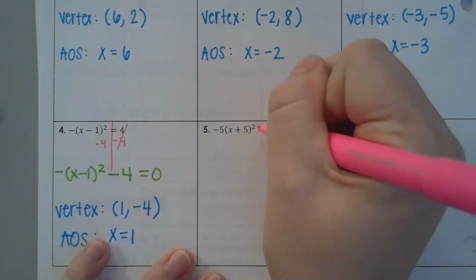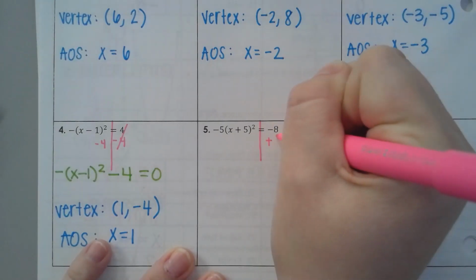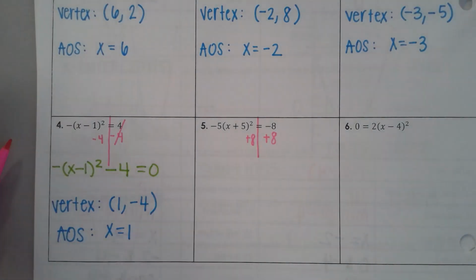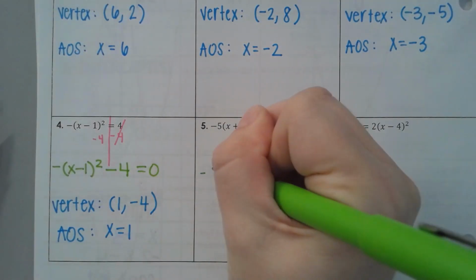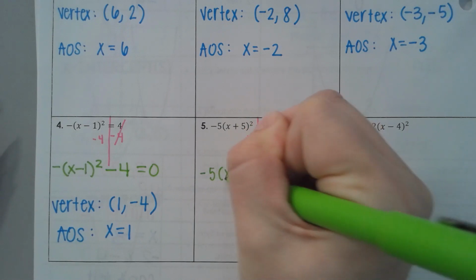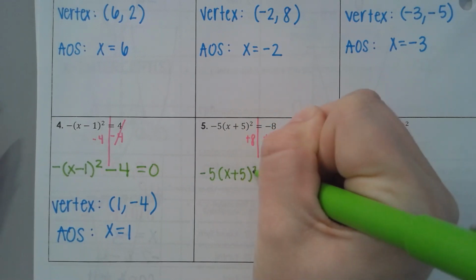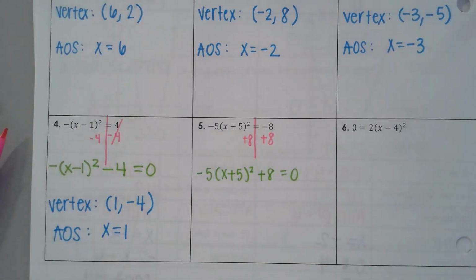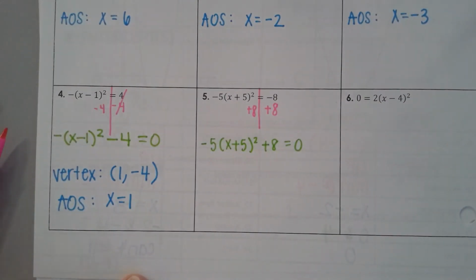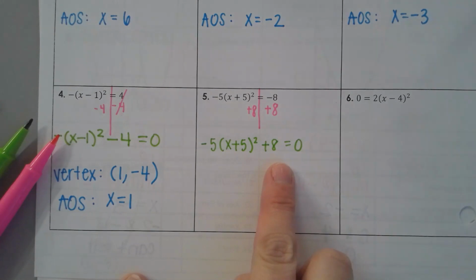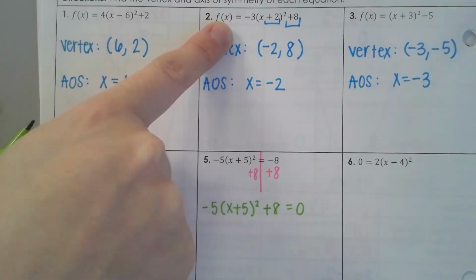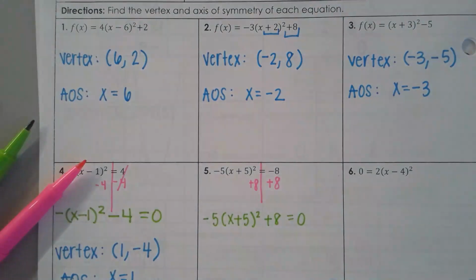So number 5, we've got to add 8 to both sides. It'll either say equals 0, or if it already just says f of x equals or y equals, you know it's all together on the same side.